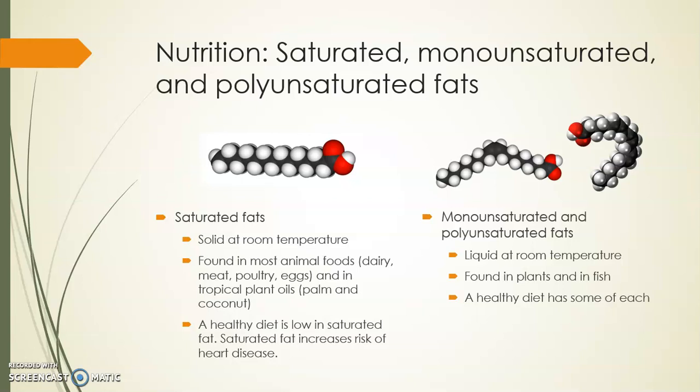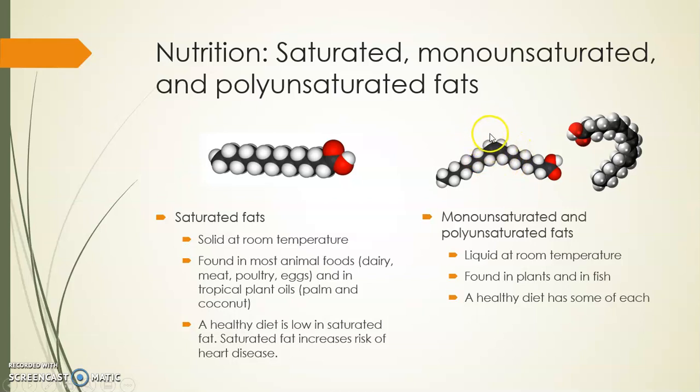A healthy diet is low in saturated fat because saturated fat increases your cholesterol levels, and that gives you a higher risk of heart disease. So the goal is to have a diet low in saturated fat. On the other hand, your body does need some monounsaturated and polyunsaturated fat. Remember, these fats are liquid at room temperature because they have this bend in the middle and they don't stack together as evenly.